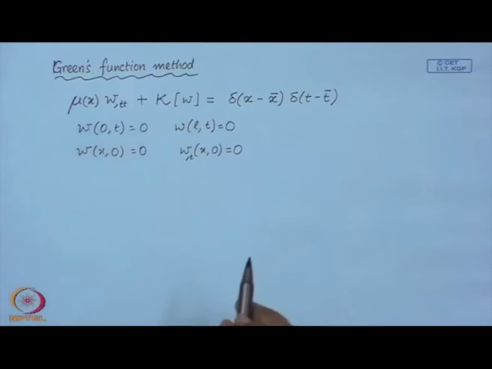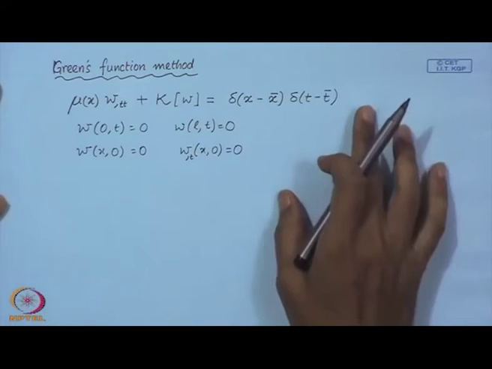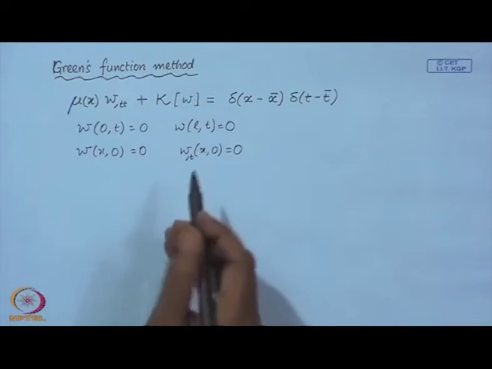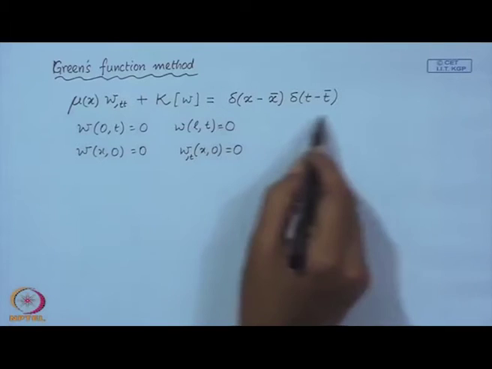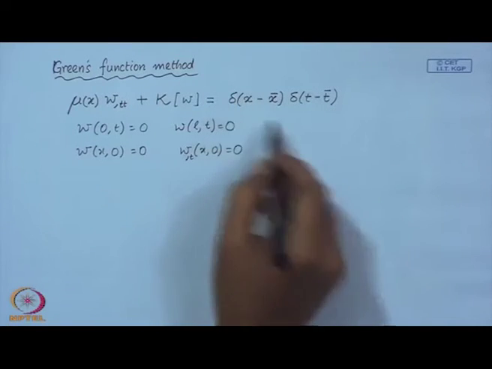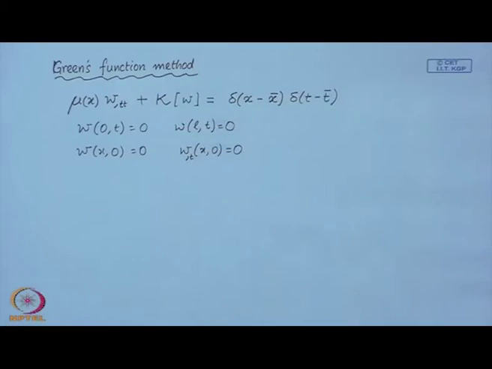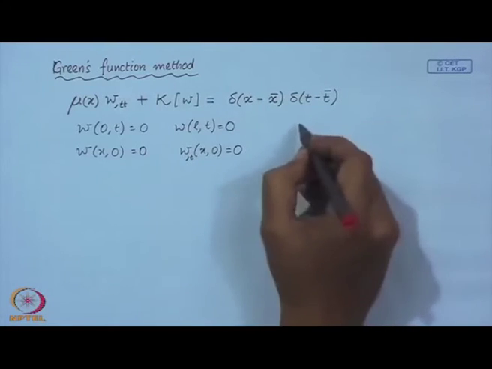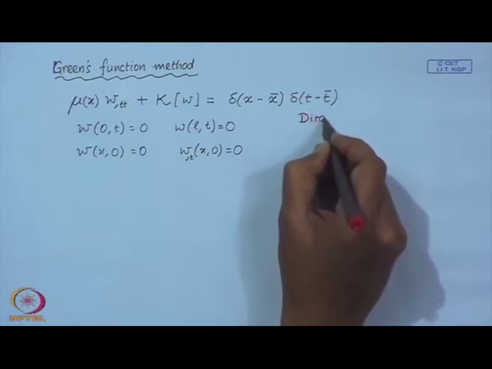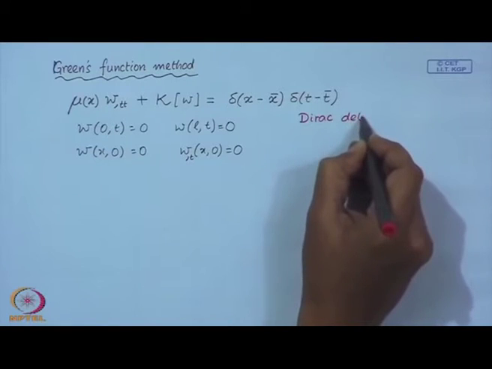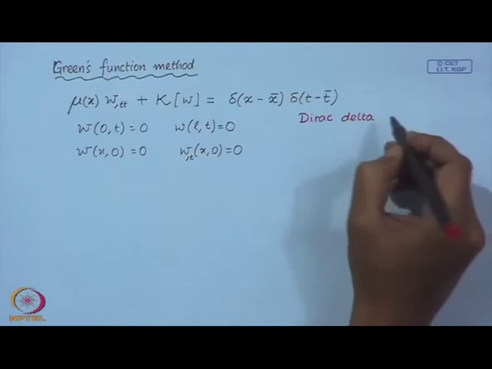So, in the Green's function method, we solve a problem of this type, where the forcing has a very special form. These are Dirac delta functions, or Dirac delta distributions.